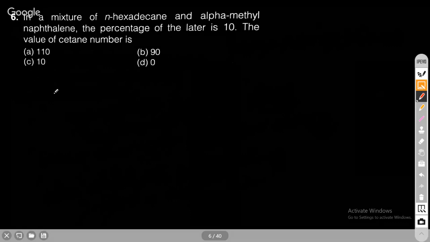So write down, see, first of all, this compound, which is n-hexadecane, is nothing but cetane. This compound is cetane. Okay, so write down this one.